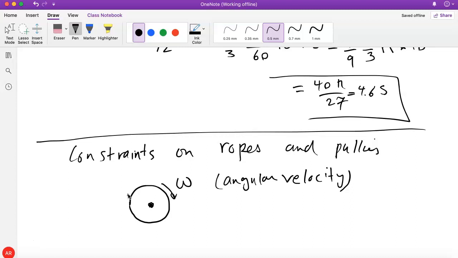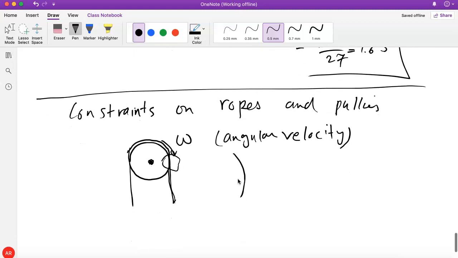And there's a rope wrapped around this pulley, and it's not slipping. If I look very closely at a point here, there's contact between rope and pulley, and once you go down, you lose contact.